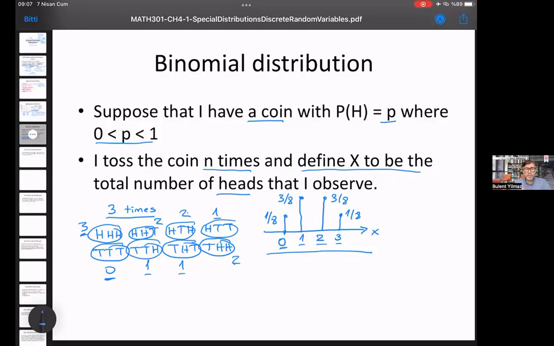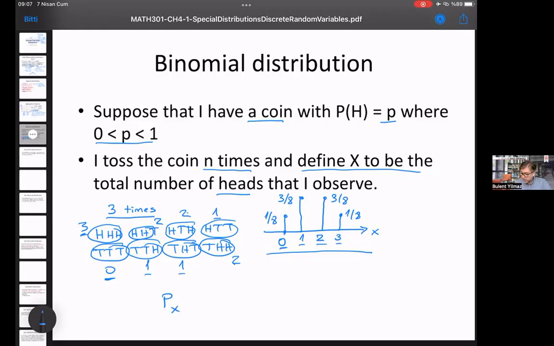How can I do that? That's why the probability distribution formulations will have generic formulas. How were we doing this? What was the probability formula for that?